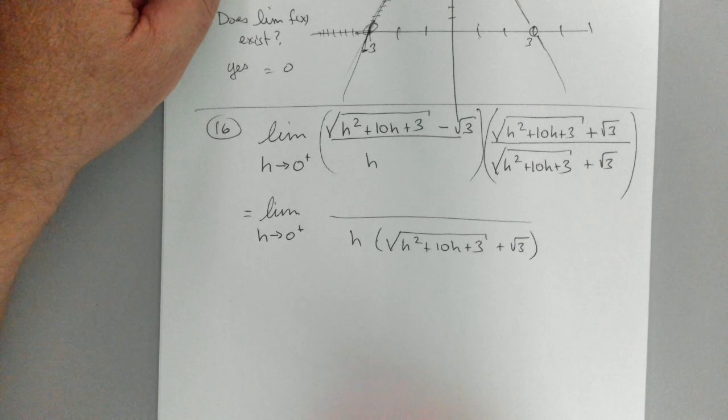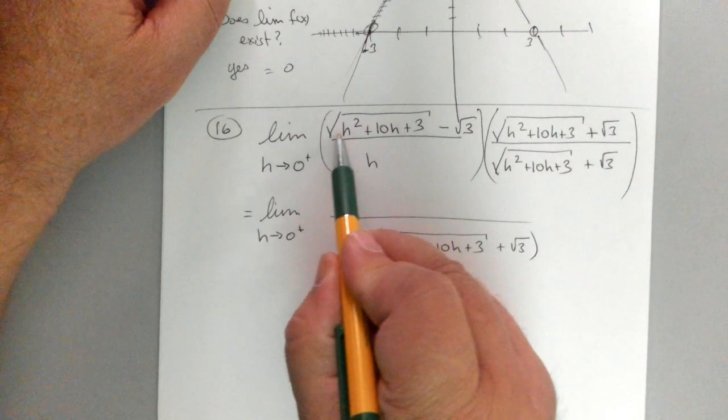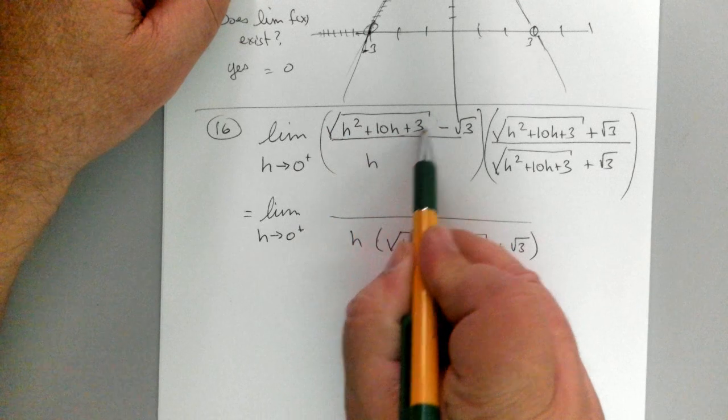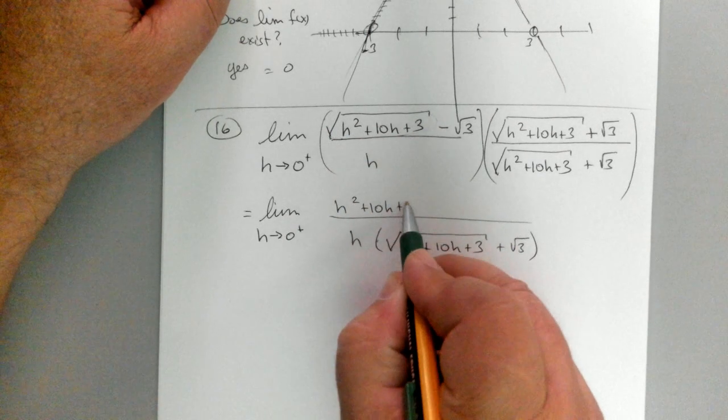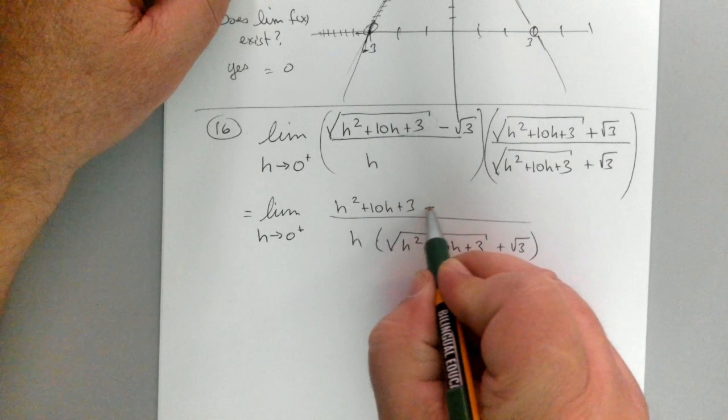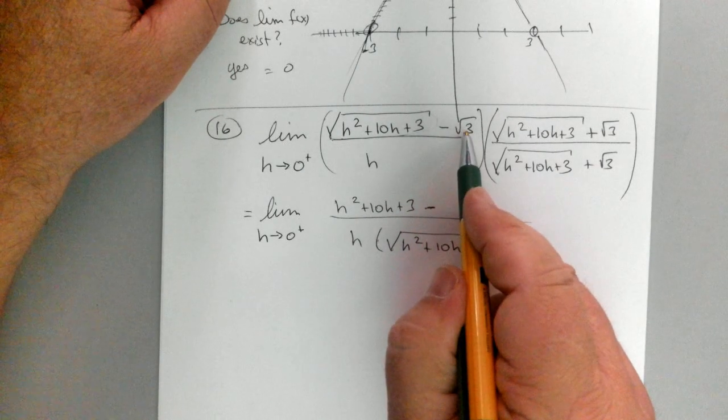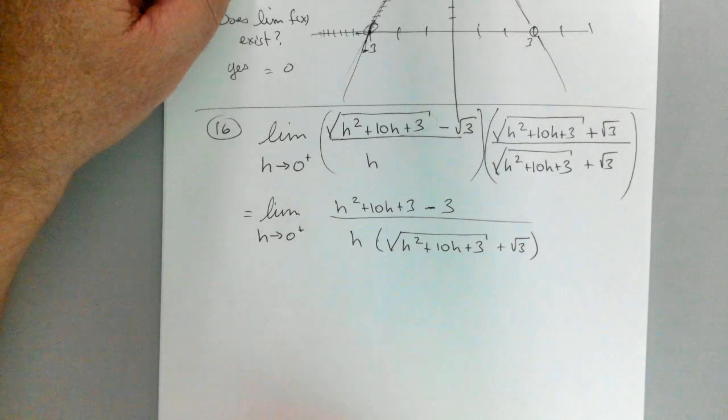Shortcut? The difference of two squares. Yeah, so take the first term and square it, which gives us h squared plus 10h plus 3. Minus, take the second term and square it. It gives us 3.